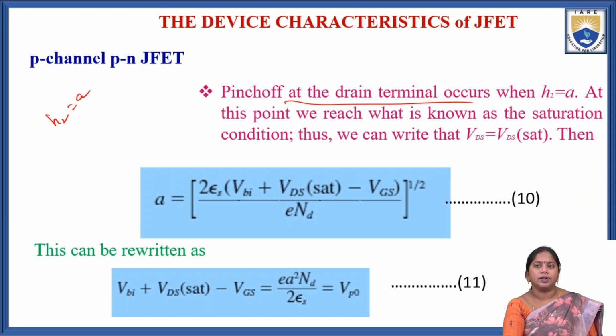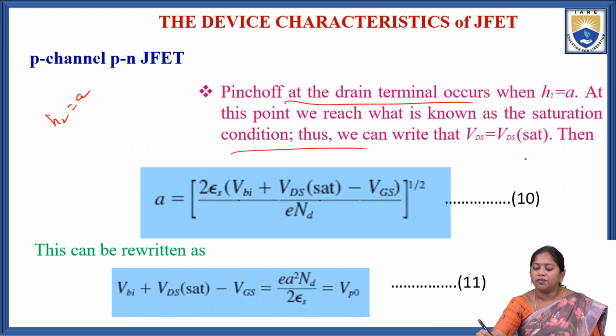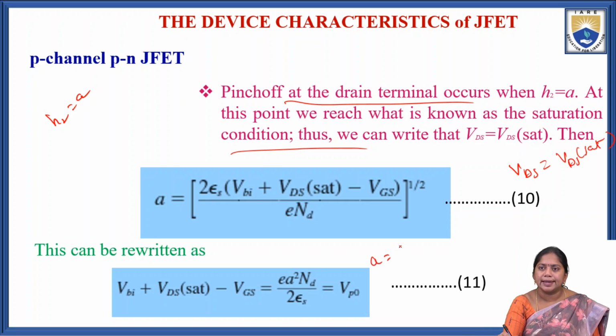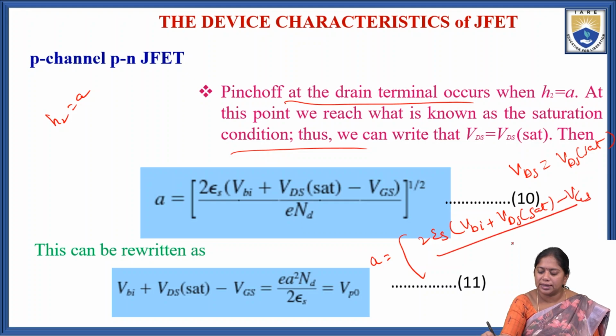At this point we reach what is known as the saturation condition. Thus we can write that the drain to source voltage VDS equal to VDS saturation. Then a, the channel thickness, equal to 2 epsilon s into Vbi plus VDS saturation minus VGS by e Nd, whole to the power of 1 by 2.